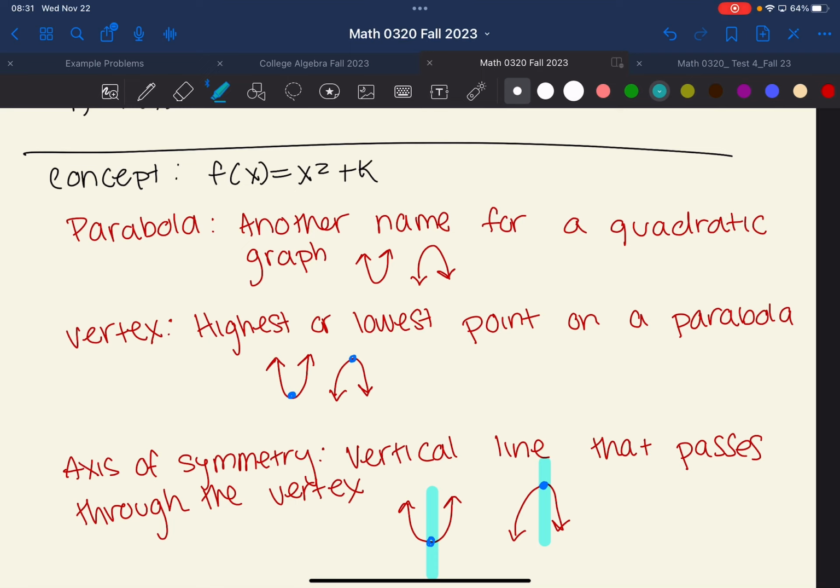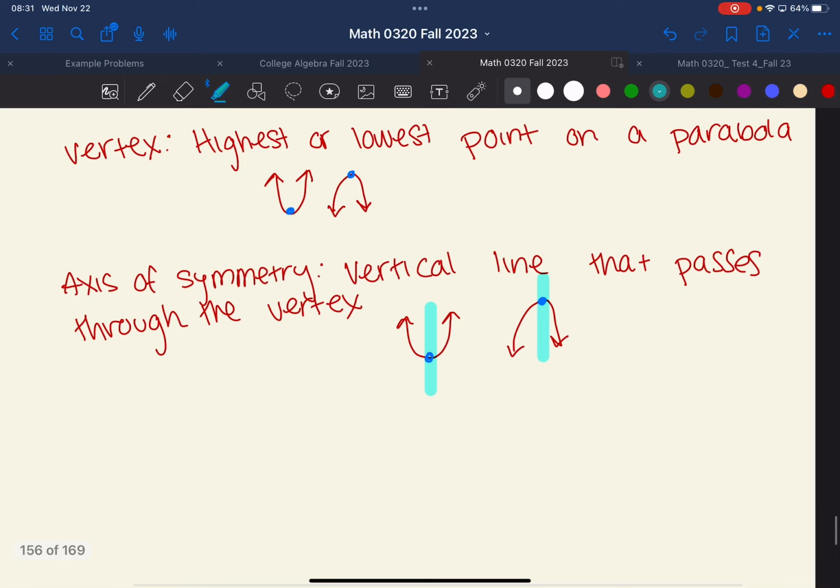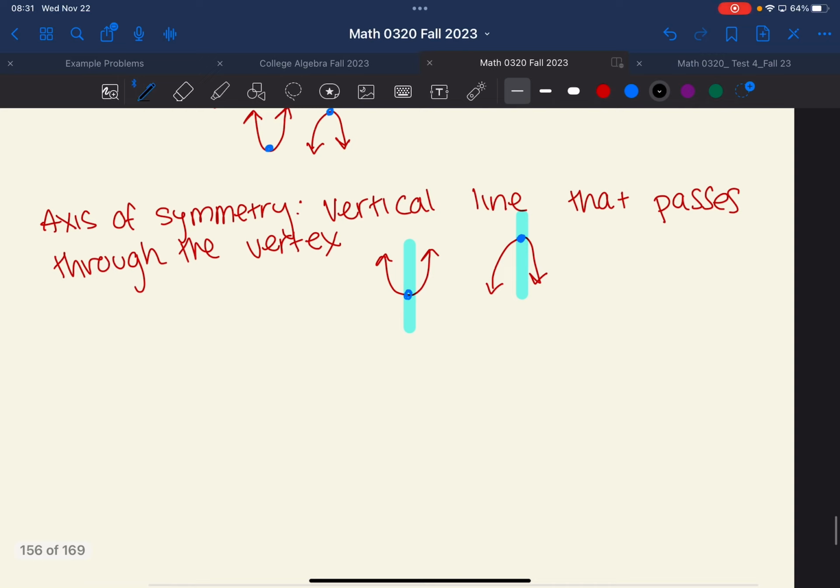So, for example, on your notes you have two graphs here. I'm just going to look at one of the graphs. So this is the first graph that's on the notes.